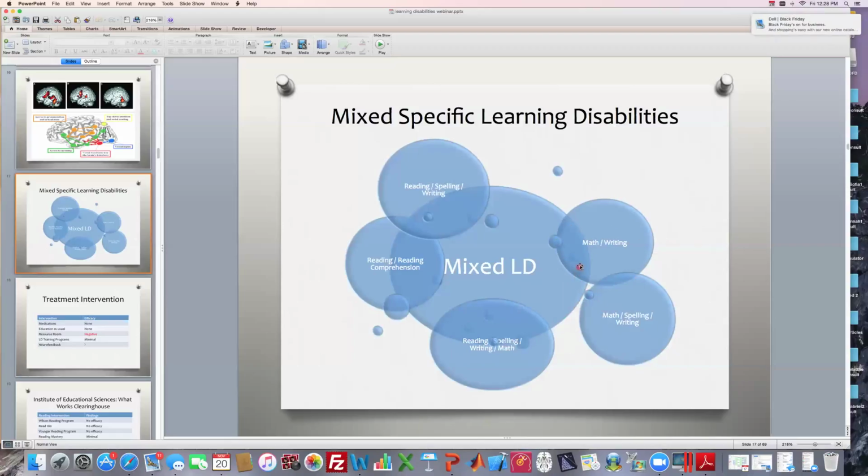They would be likely to have problems with mathematics, writing, and possibly spelling functions as well. And of course, we can have a completely mixed group that shows both verbal processing and visual processing deficits, and they will have a combination of virtually all academic areas. It's important to understand the type of difficulty you're dealing with when trying to help such individuals.